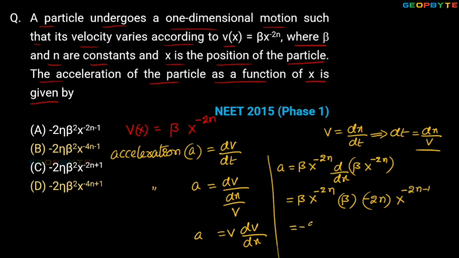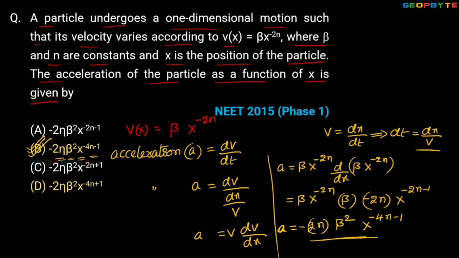Here it is minus 2n beta square into x power minus 4n minus 1. That is the acceleration in terms of displacement. Look at option B, minus 2n beta square x power minus 4n minus 1. Option B is absolutely correct.